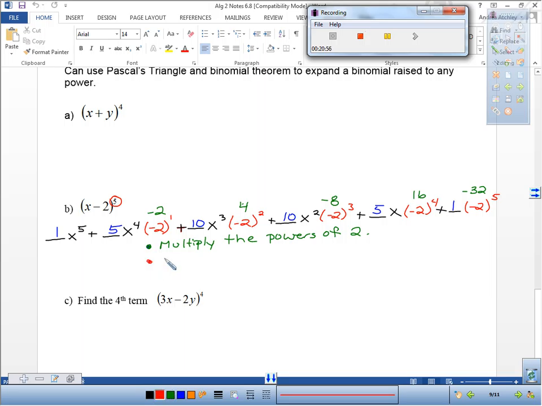So now I have to multiply. So I multiply the Pascal's numbers by the powers of 2. It should be negative 2. So the first one doesn't change anything because that doesn't have any 2's. So that's just x to the 5th.